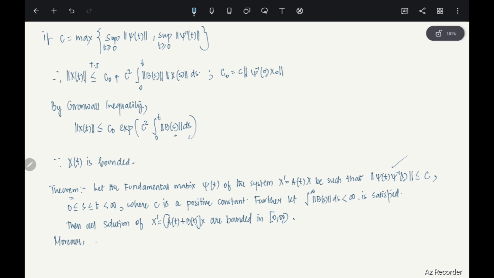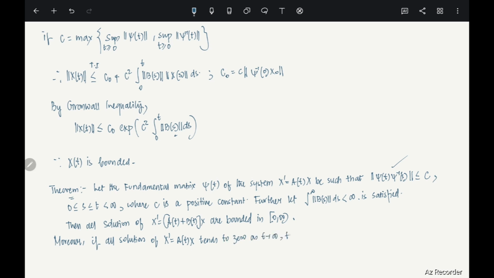Moreover, if all solutions of x prime equals A(t) x tend to 0 as t tends to infinity, clear? Okay.